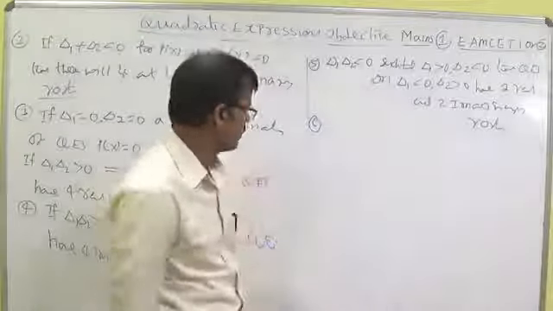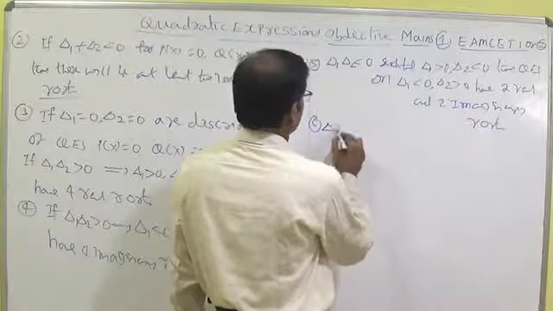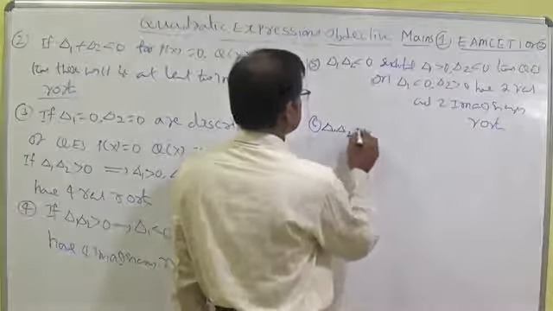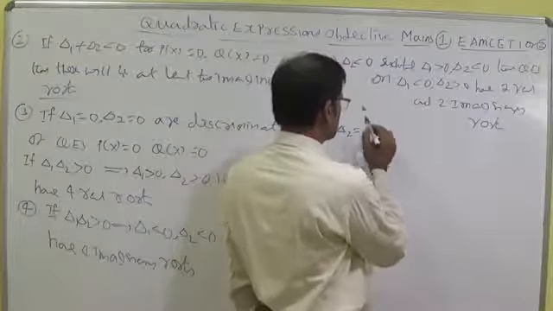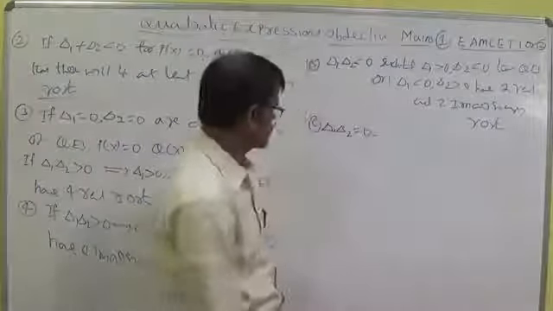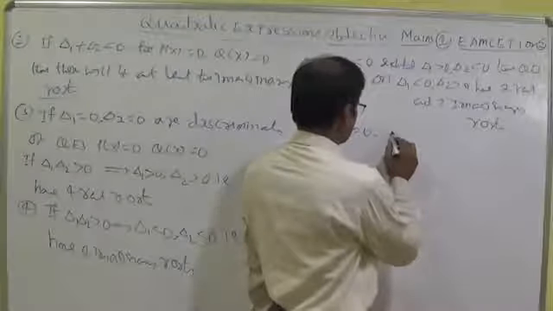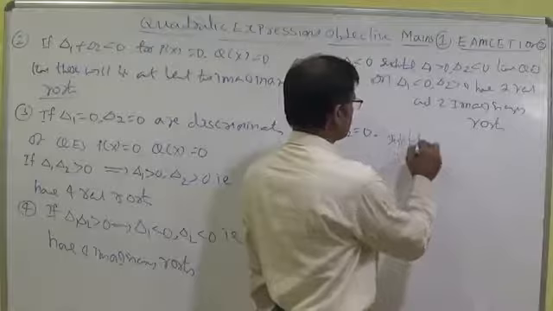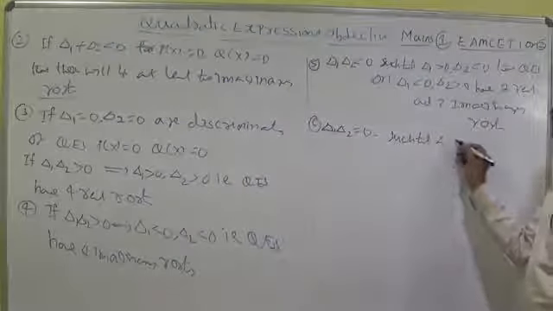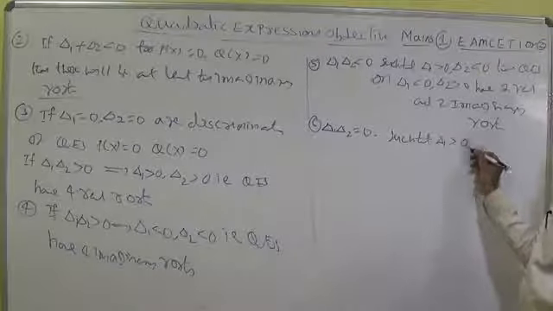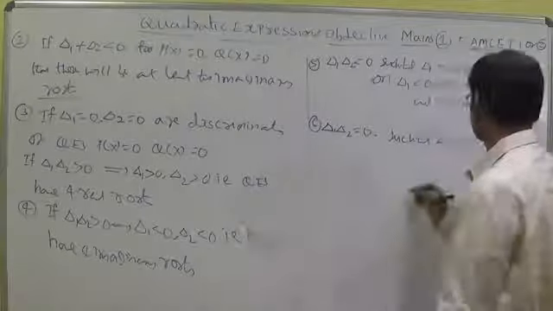Next, let us discuss delta 1, delta 2 equal to 0. These are called combined quadratic equations concept. I write delta 1, delta 2 equal to 0, such that delta 1 greater than 0, delta 2 equal to 0, positive into 0.